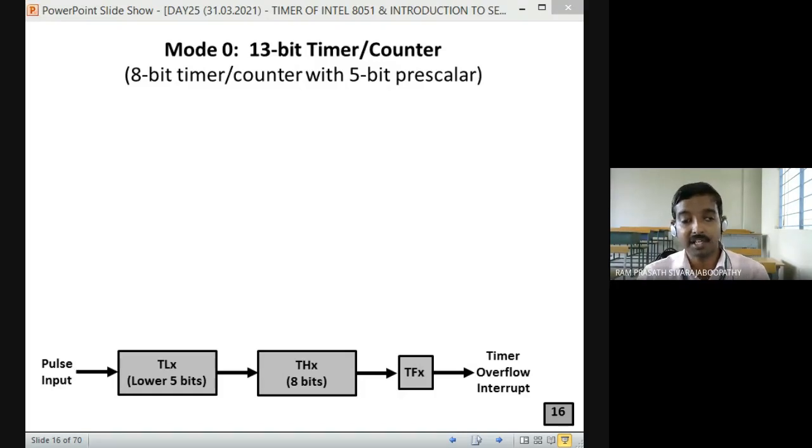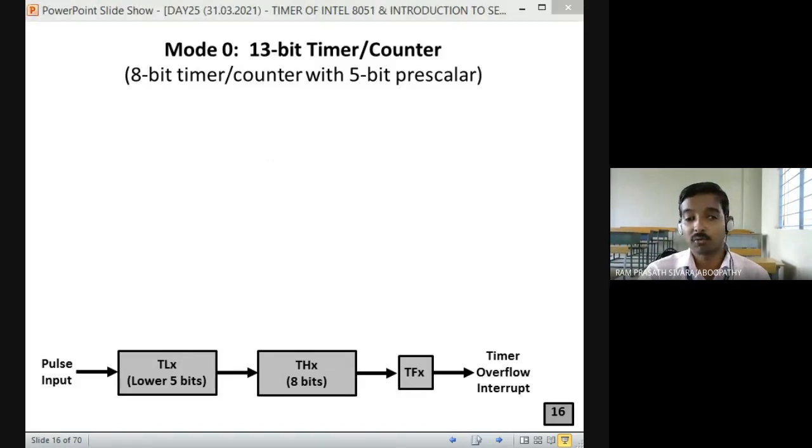Can you type it in the chat? No Shivakumar, it's not 33. From 0 to 31, correct? No Anthony Surya, it is not 6. The initial count value is 0000. Yes, very good Loga Sneka. I am expecting this answer only.